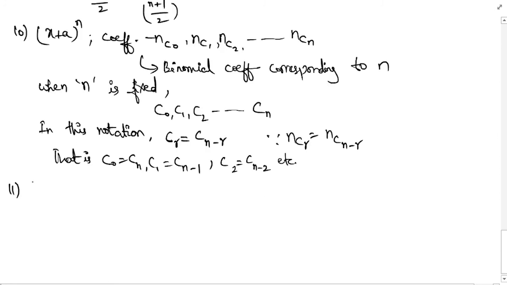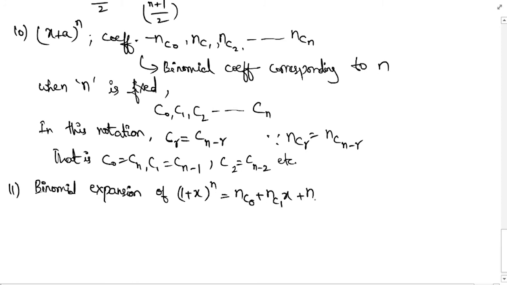Okay. So now, binomial expansion of (1+x) whole power n can be written as nC0 plus nC1 x plus nC2 x square plus so on up to nCn x power n. So this expansion is called the standard binomial expansion.